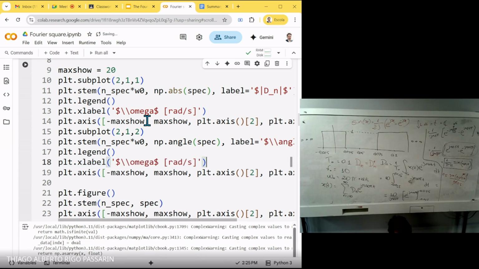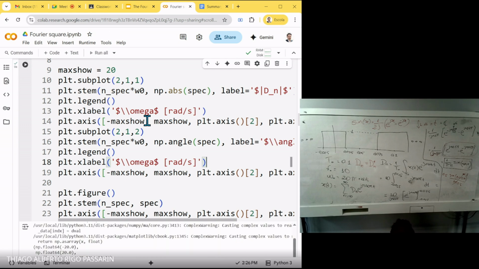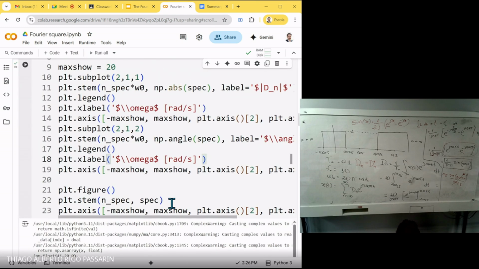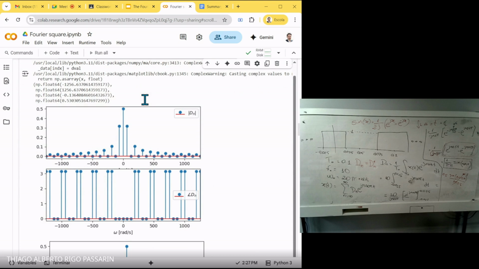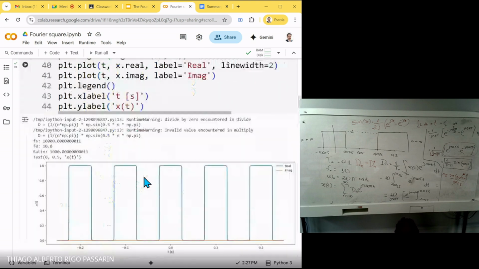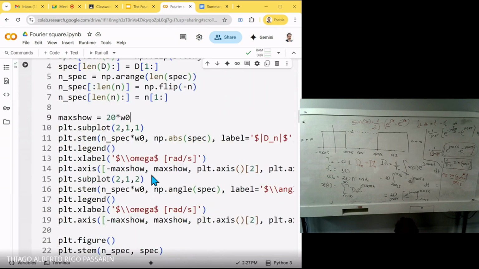Then we shouldn't go from minus 20 to 20, right? Then we should go from minus 20 omega 0 to 20 omega 0, here. Now we have frequency. Now this is a spectrum. This is how much each angular frequency participates in the composition of this signal, this time domain signal.